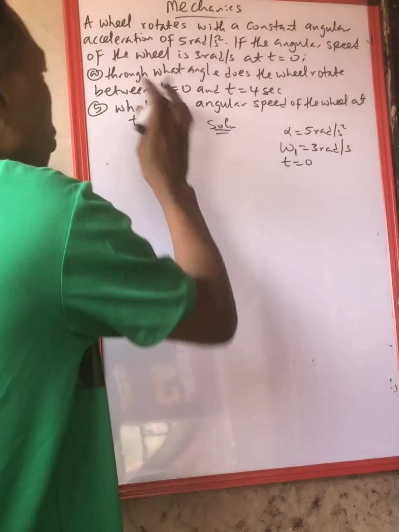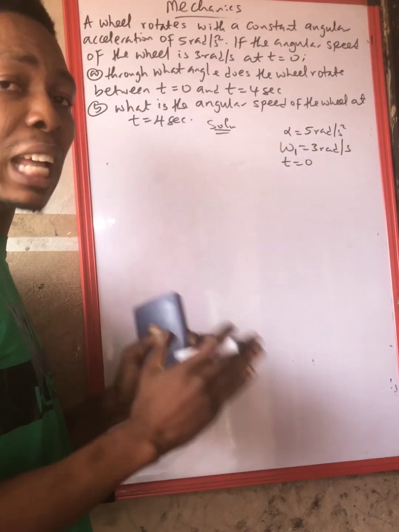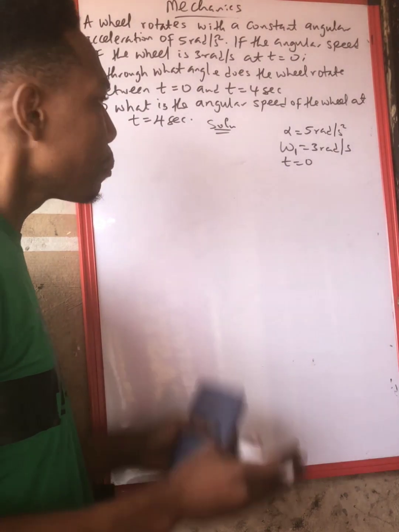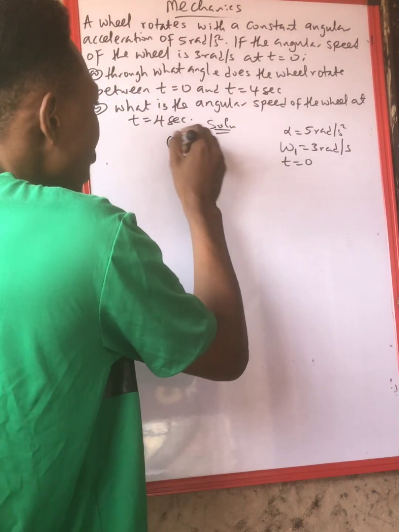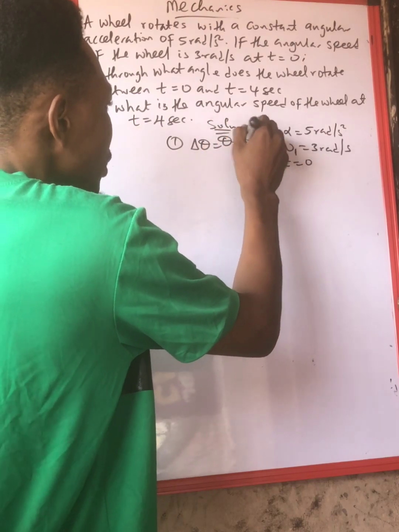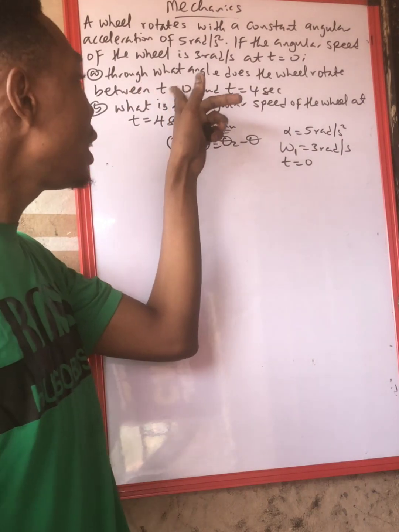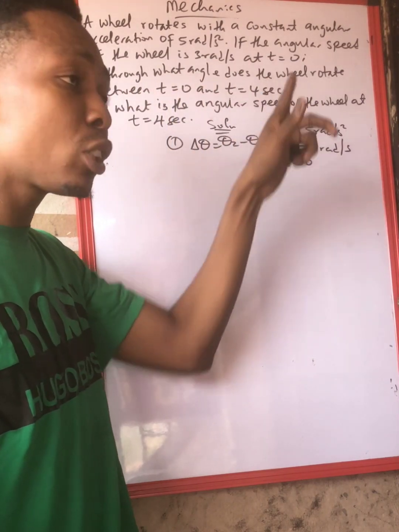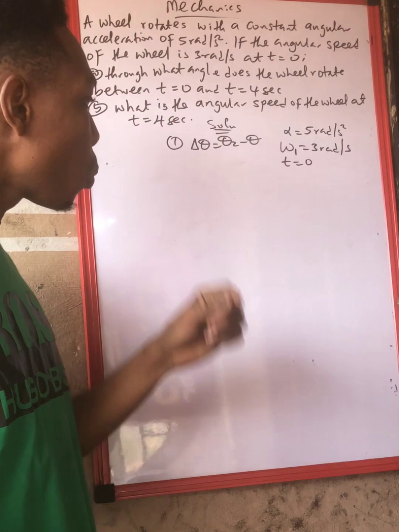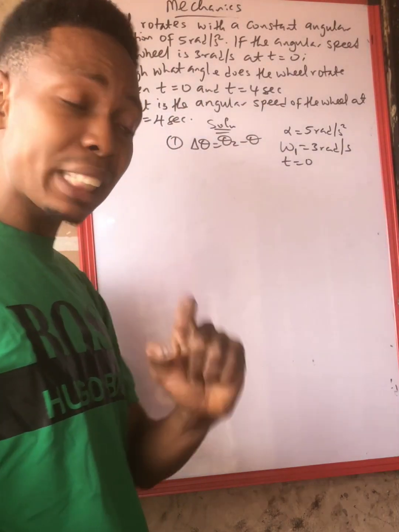Now we are told: through what angle? Whenever you hear the words through what angle, it's stating a change in theta. So for question one, we are looking for change in theta, that is theta 2 minus theta 1. Through what angle does the wheel rotate between t equals 0 and t equals 4 seconds? What angle does it move from when the time was 0 to when the time was 4 seconds?